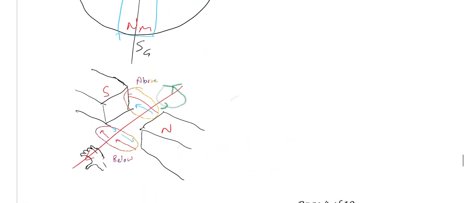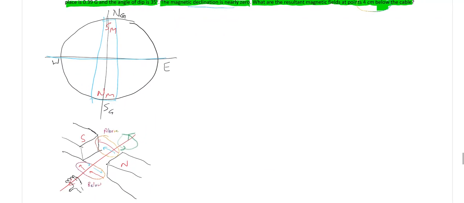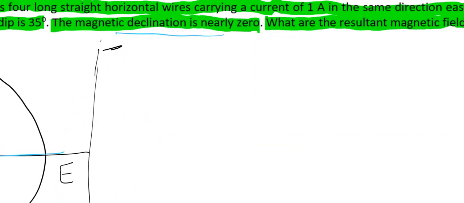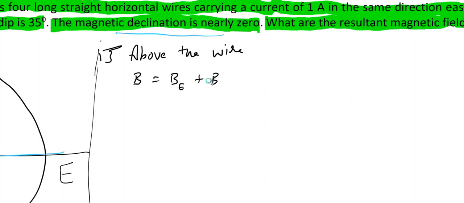So if you want to find out the resultant field, when you are talking about the point above the wire, resultant field is field of Earth plus field of wire.